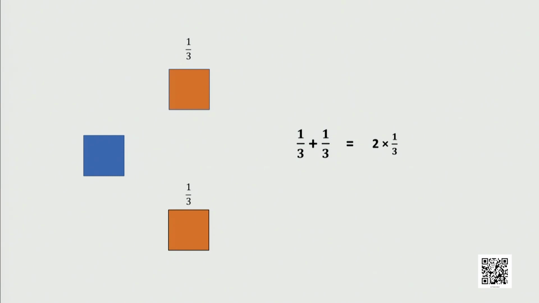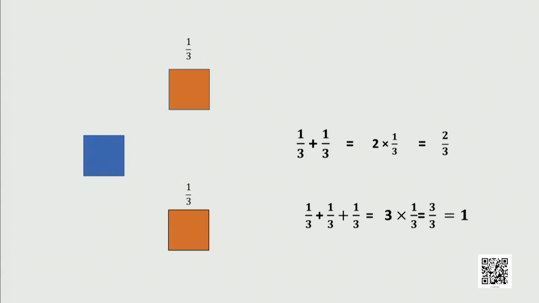For that, we are going to take this 2 and 3 and use 2 over 3. You should remember that 2 over 3 has a meaning: there are 2 one-thirds.